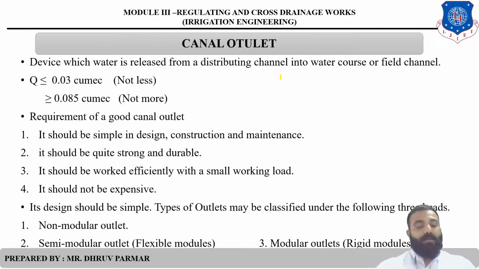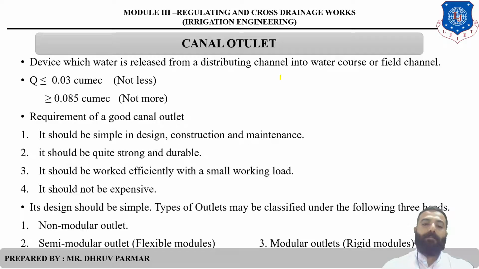Non-modular outlet means the water level depends on both the distributary channel and the water course. That type is called a non-modular outlet. Semi-modular outlet means the discharge or water level depends on the distributary channel and is independent of the water course.